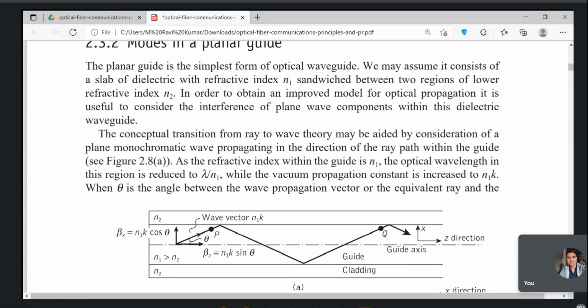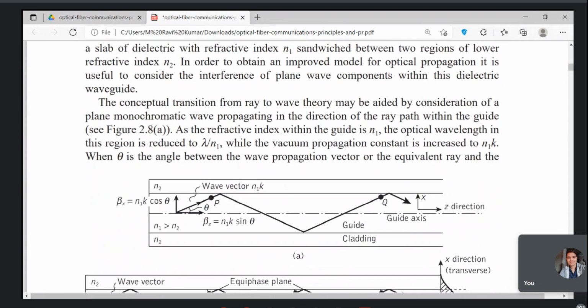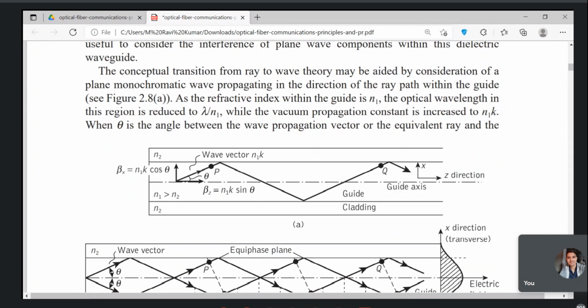And if you look at the modes in a planar waveguide, here we have beta x, beta z. X and z are the directions which are given in this fiber. So z is the direction of propagation.